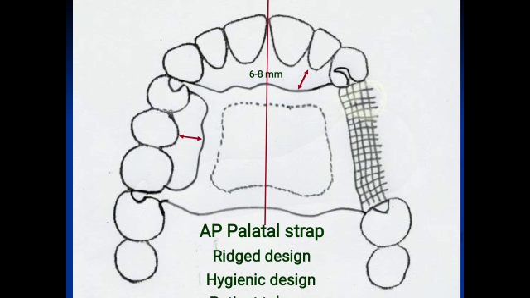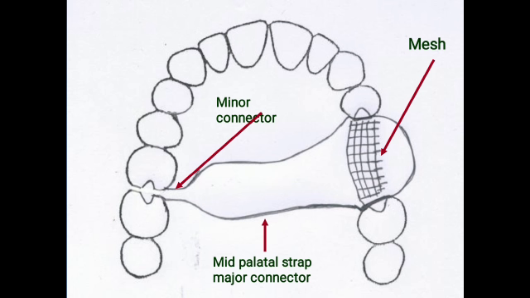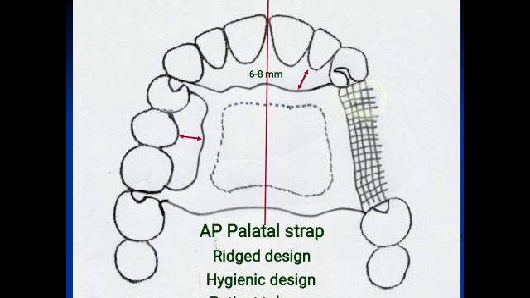That means we are increasing the area, and we are changing the design of the major connector by making it an anteroposterior palatal strap. So here we have a quadrilateral configuration. That means the previous one is a tripod configuration, but in the next case we have quadrilateral configuration. So the load will be applied over a wider area.